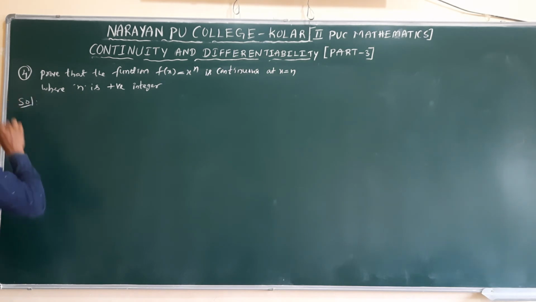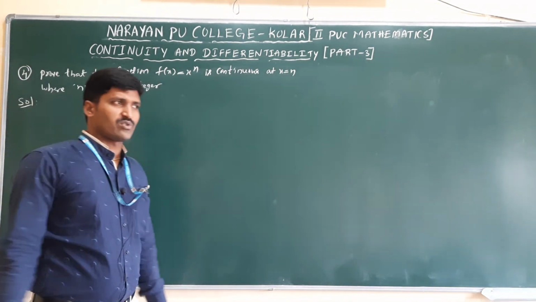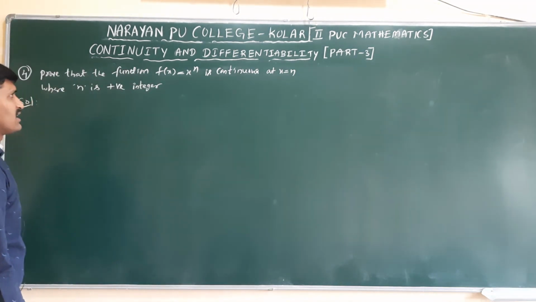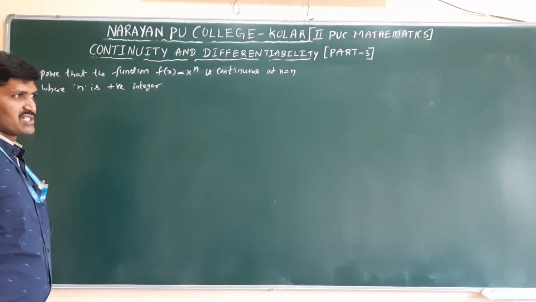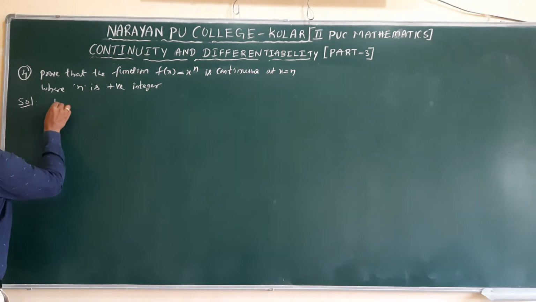The same function is given and the x value is also given. At that point we need to check. You don't need to use the second formula, LHL and RHL, because less than or greater than kind of restrictions are not given.